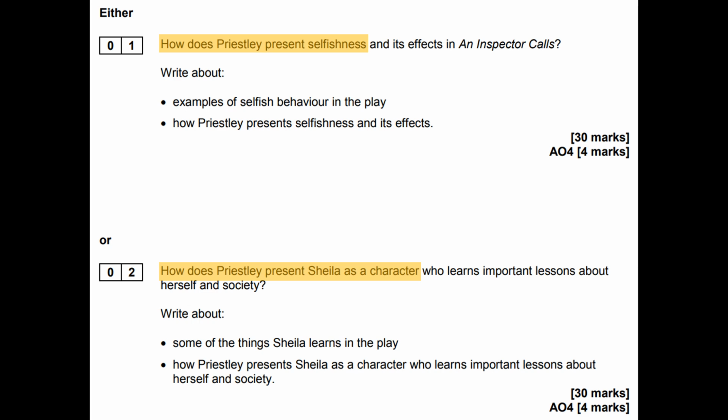Please also bear in mind that a character-based question could ask you to consider two or more characters, for example, the younger generation, or a question may link a character and theme together, such as the on-screen example which links Sheila with ideas about society. In other words, read the questions carefully.